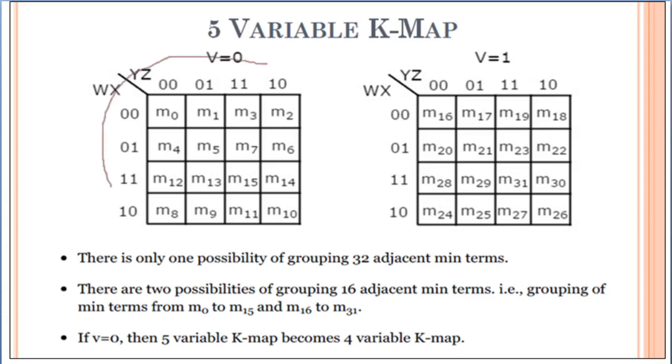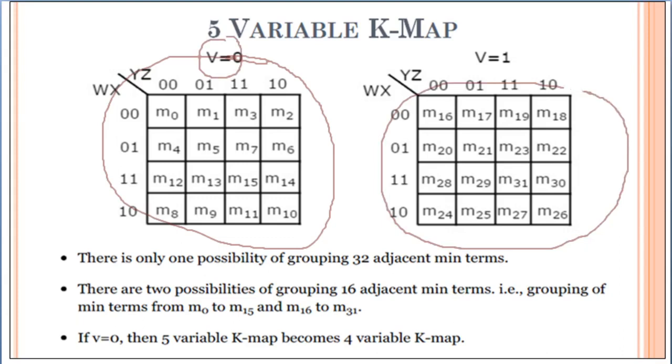This K-map represents V equal to 0, and this K-map corresponds to V equal to 1. Obviously, if V is equal to 0, then the 5 variable K-map becomes the 4 variable K-map.